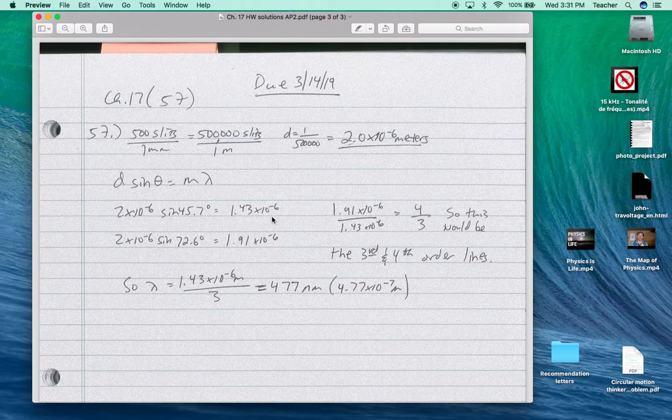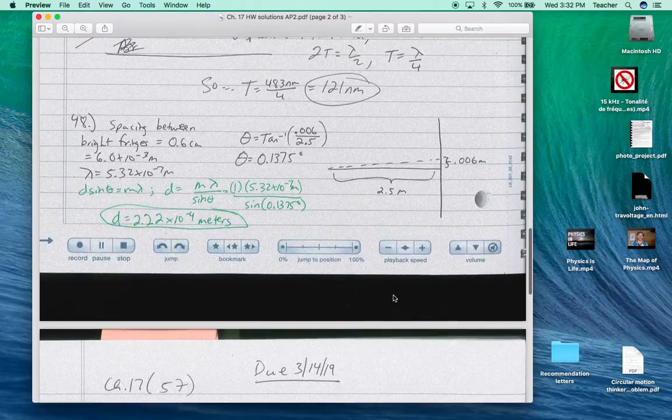So this ratio is 4 to 3, so these would have to be the third and fourth order lines. If they're the third and fourth order lines, I could say the third order line is m times lambda. Then lambda by itself would be this divided by 3, which is 4.77 times 10 to the negative 7th meters.